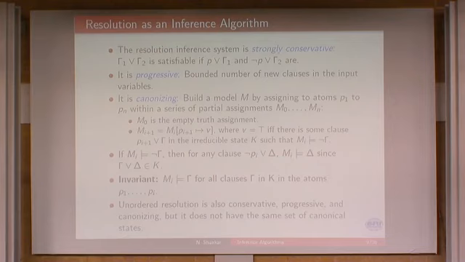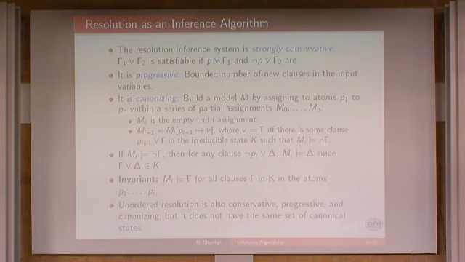If P is assigned true, then gamma 2 must be satisfied, and so gamma 2 is satisfied in that model as well. If P is assigned false, then gamma 1 must be satisfiable, and so gamma 1 is there also. So any model of the original set of clauses is also a model of this.